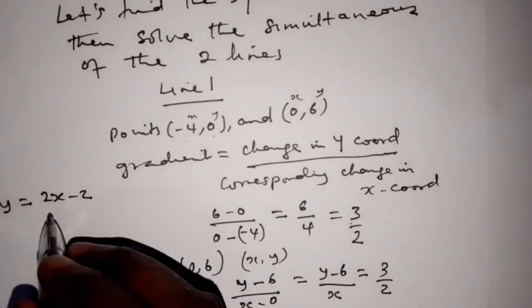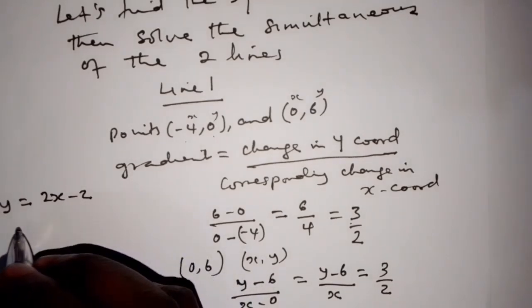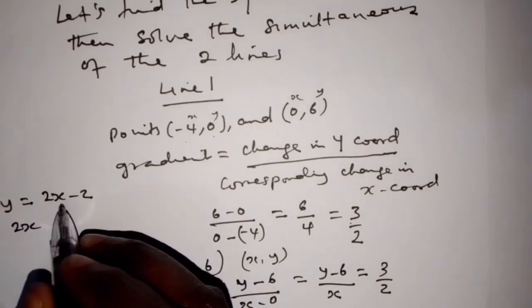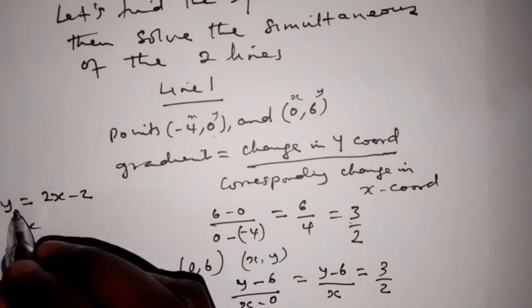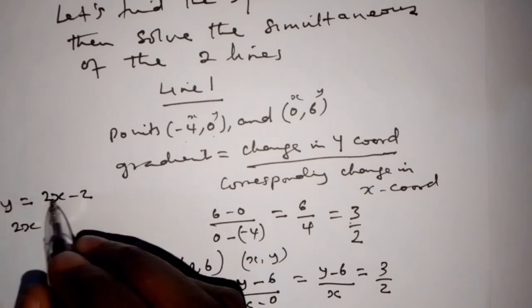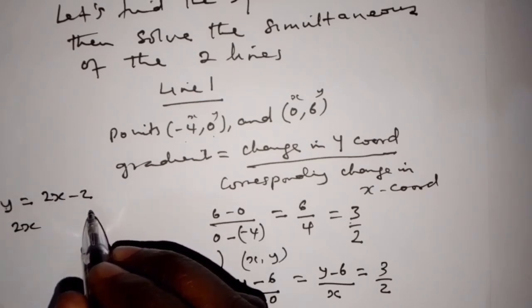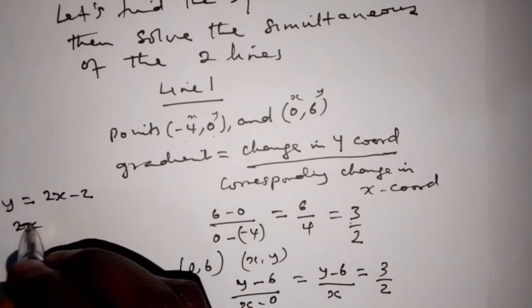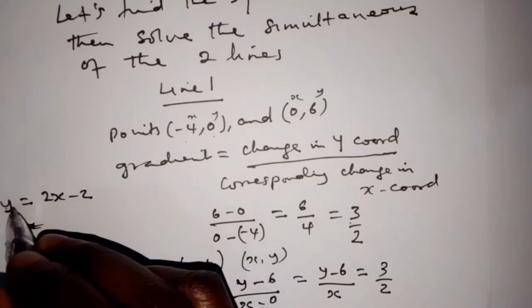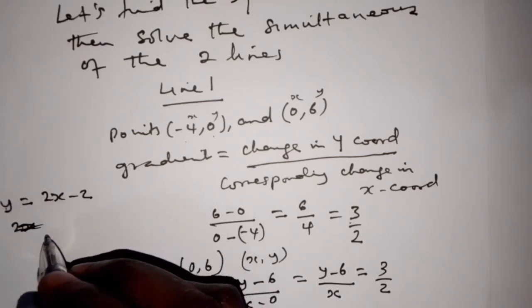So we can turn this equation, we can say that this is 2x, we can bring positive y this other side.